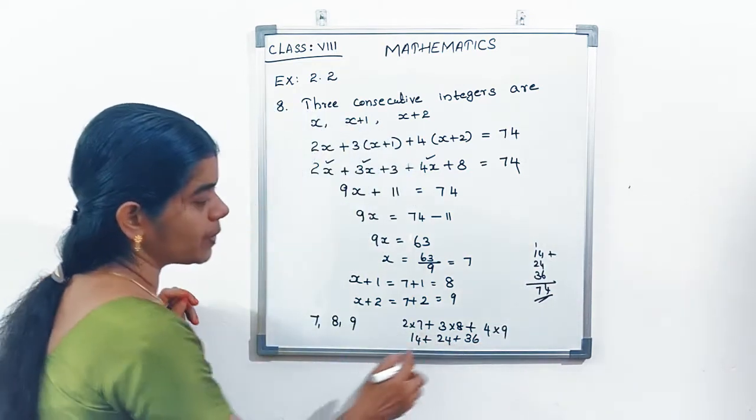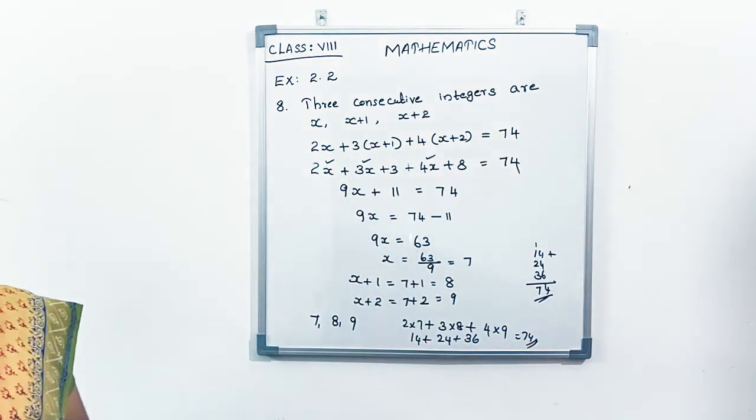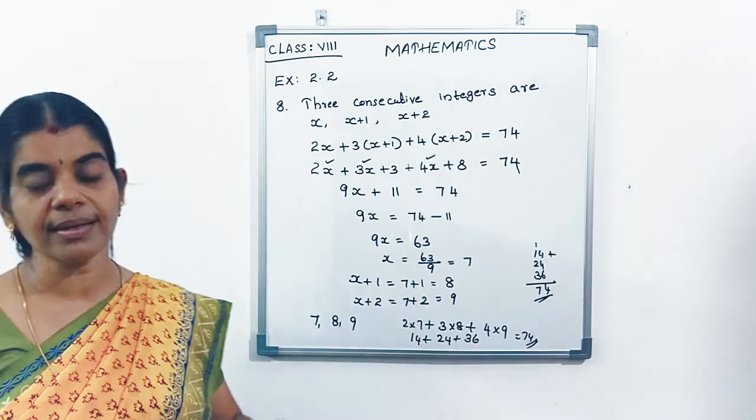Then you get 74. Therefore, our answer is correct: the three consecutive integers are 7, 8 and 9.